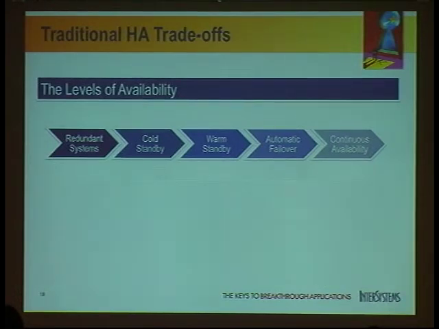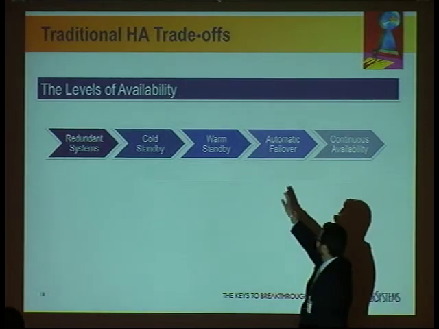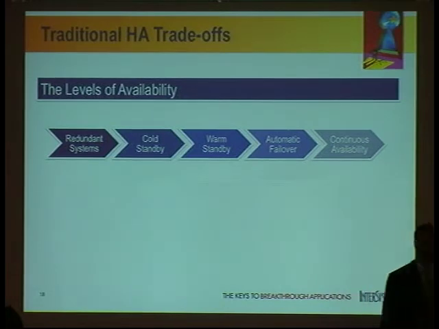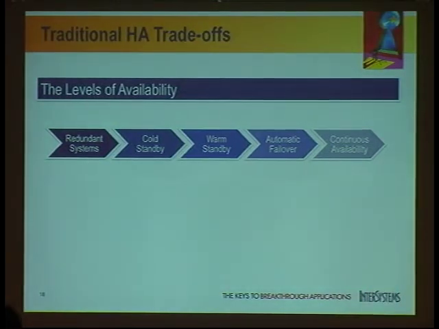You can start from the left side with redundant systems, which means that instead of having one server, you have 2 servers. Instead of having 1 network card, you have 2 network cards. Redundant systems, right? All the way to a sophisticated continuous availability end of the spectrum. And this is very, very hard to achieve, the continuous availability. So most people go in the warm standby or the automatic failover category.